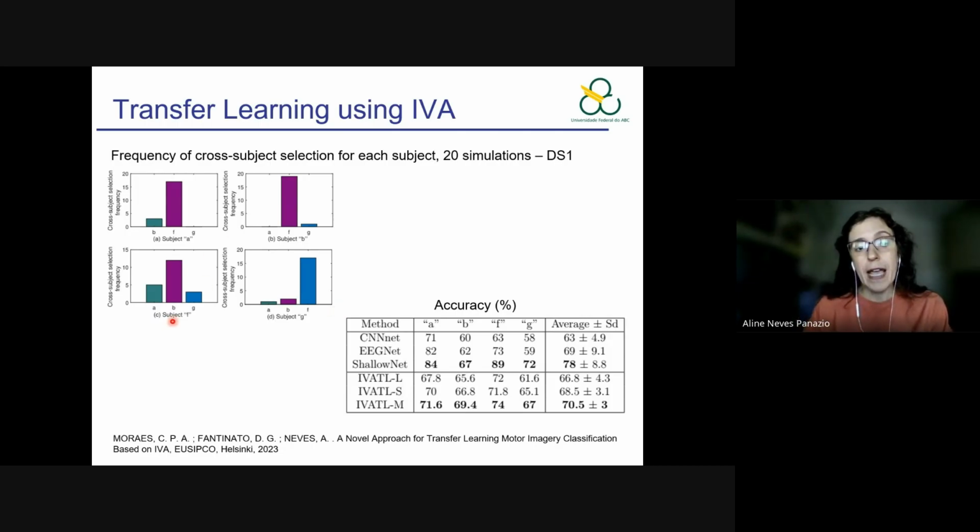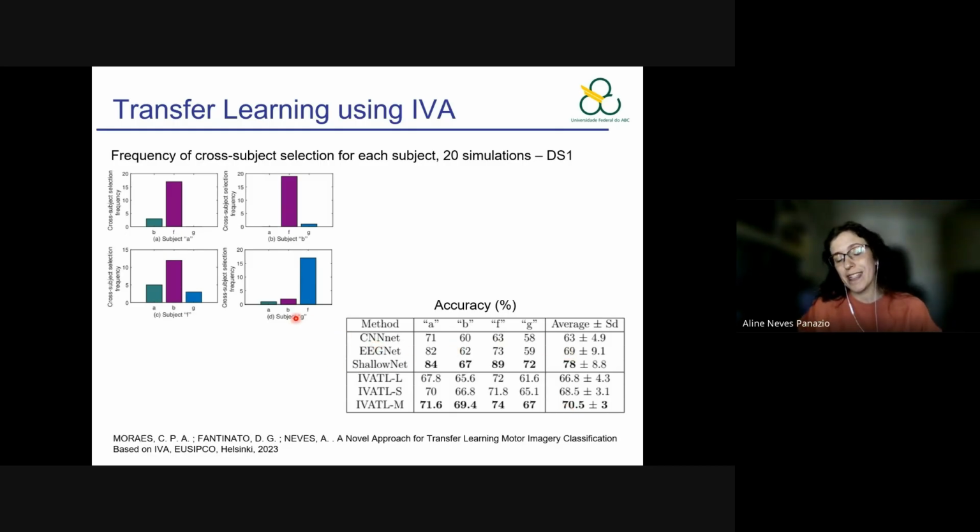And for subject F, the mostly chosen was B. So in terms of accuracy, again, in the upper part here of the table, we have all the results that were published in the literature. And on the bottom, the results that we obtained. So with multilayer perceptron, we achieved the best result. Comparing with literature, we have the second best result.